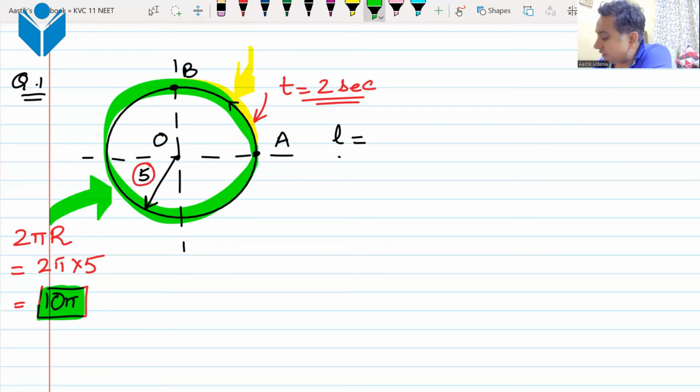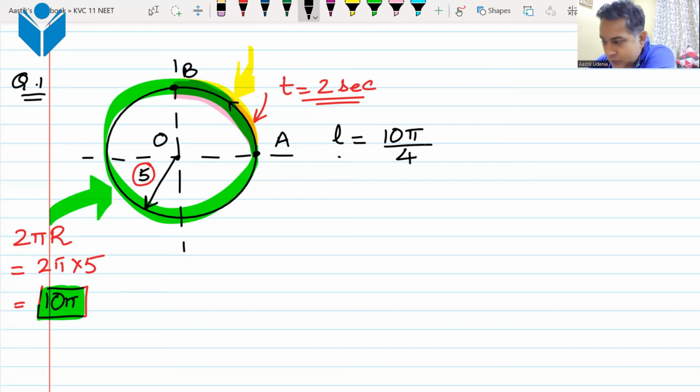So how much will be this part? The yellow part has gone, so let me make this pink. How much is this part from A to B? That will be the entire length, 10 pi divided by 4. This is 1/4 of a circle.